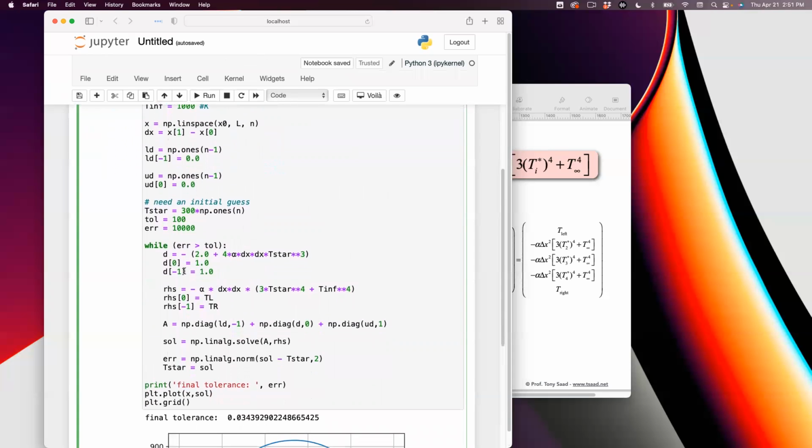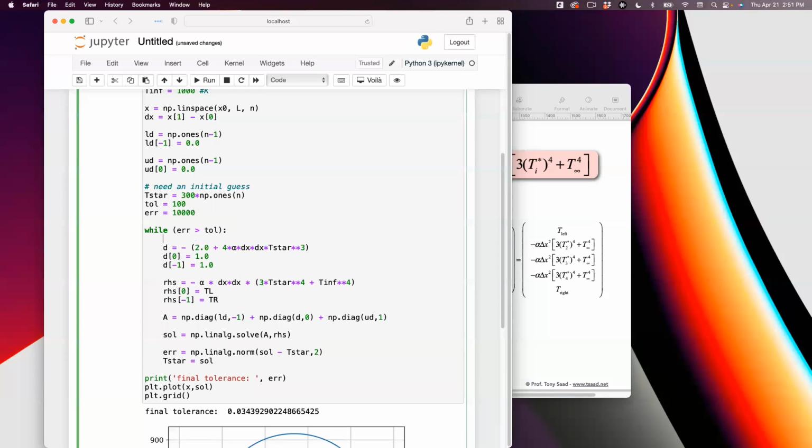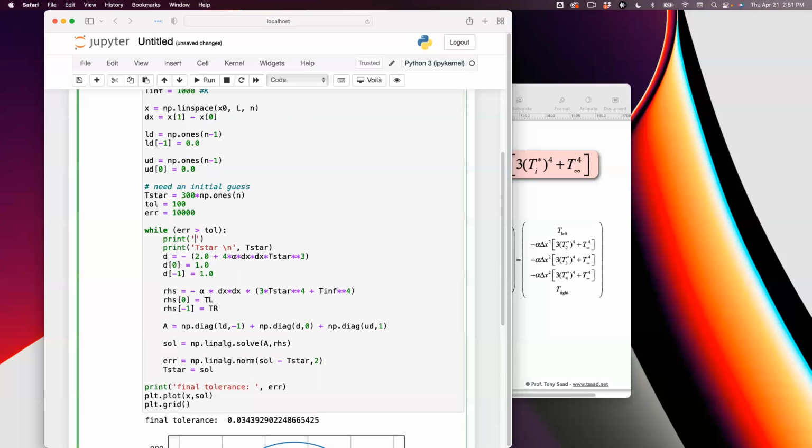And I'm going to go ahead and print T star. Print T star, and then also print.